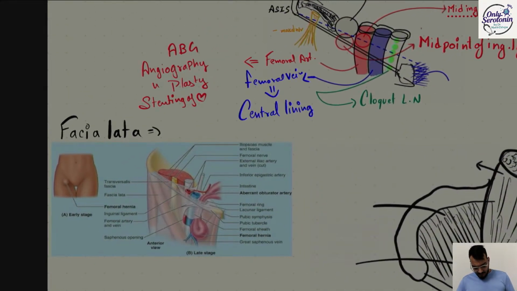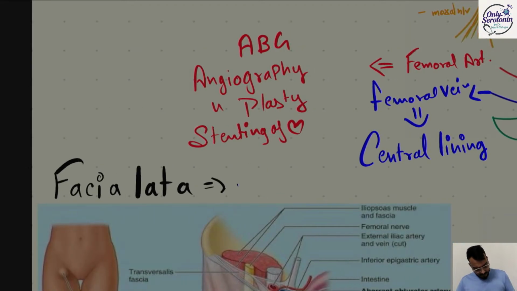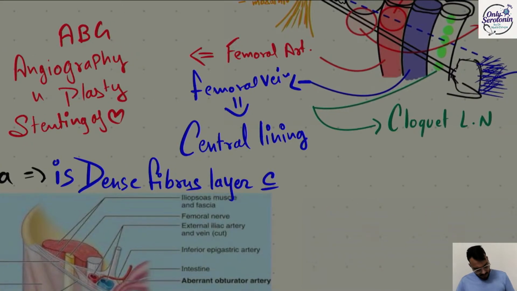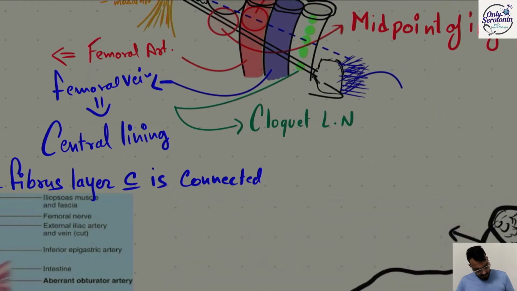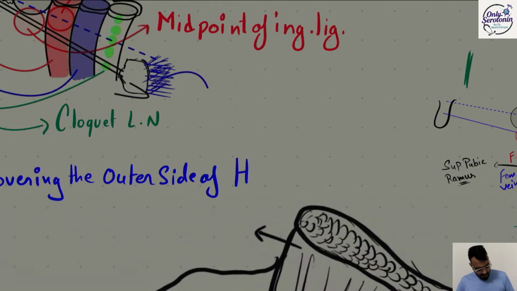Now let's come to the fascia lata. What is fascia lata, guys? Fascia lata is a dense fibrous layer which is covering the outer side of the pelvis as well as the thigh.